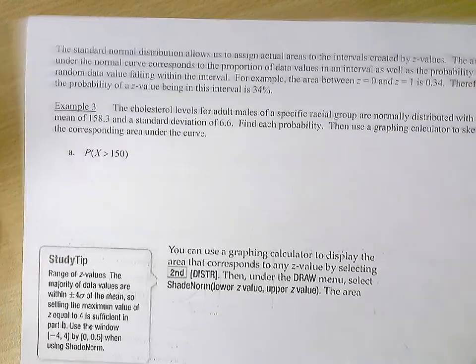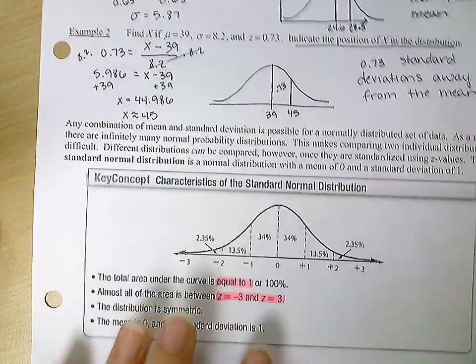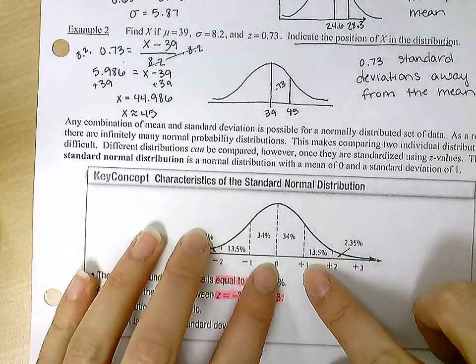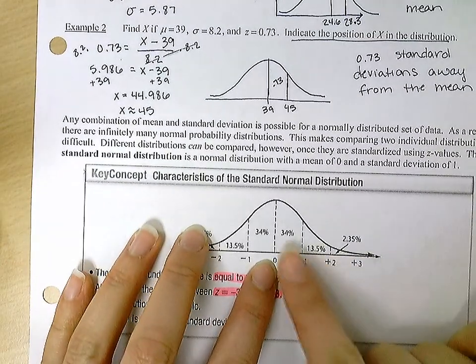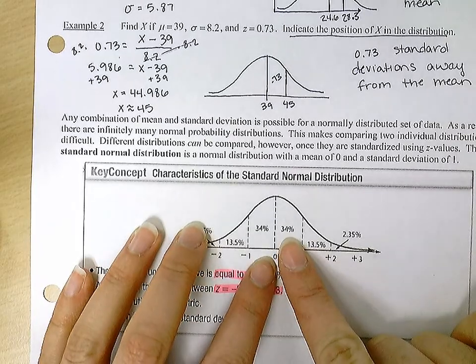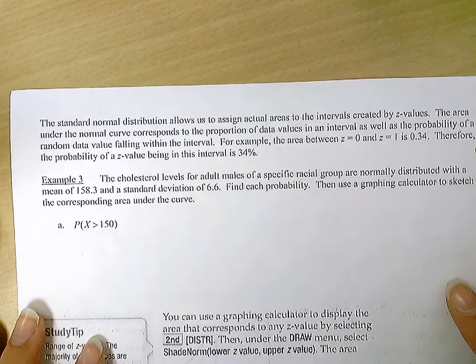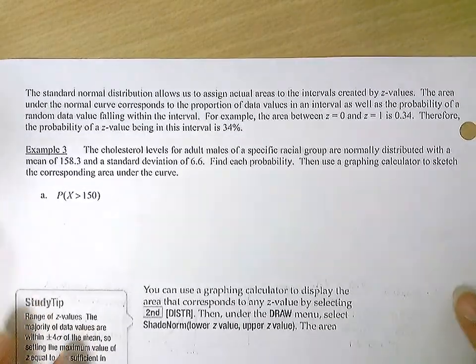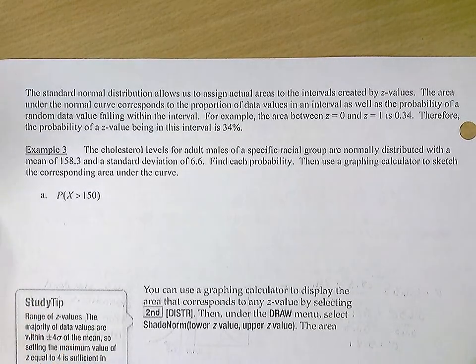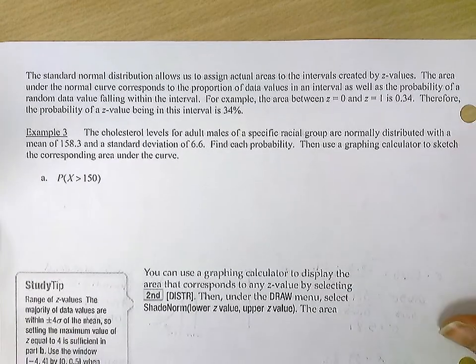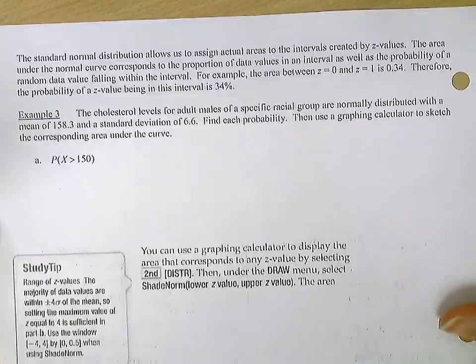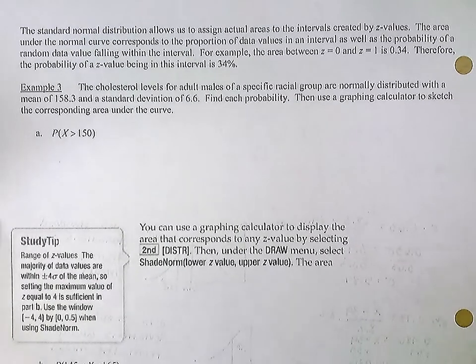So if you look at your curve on the front, the area under the curve between 0 and 1 is 34%, so 0.34. Therefore, the probability of a z-value being in this interval is 34%. So we are going to use our graphing calculators next. Make sure you have those, and make sure they turn on and they're not out of batteries.